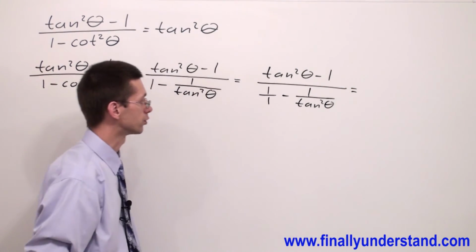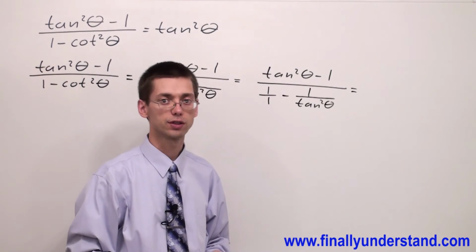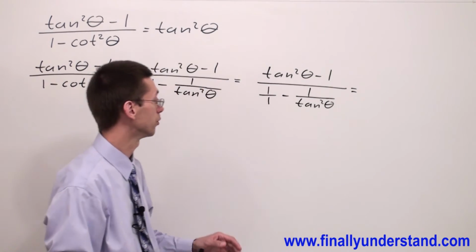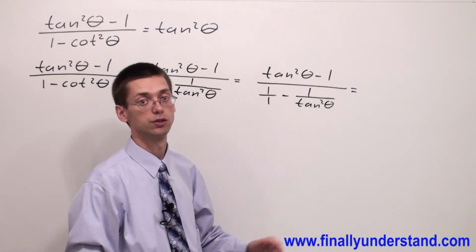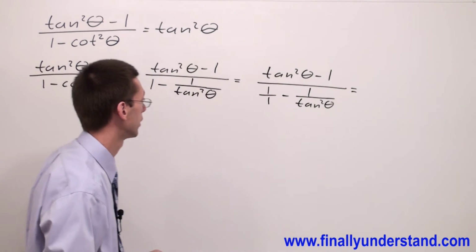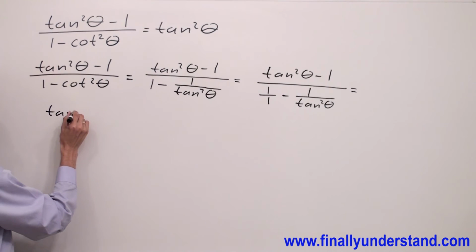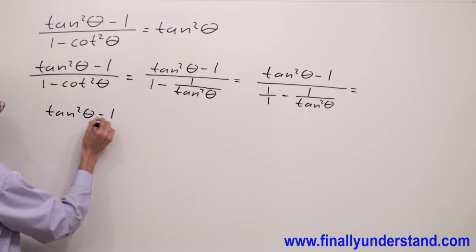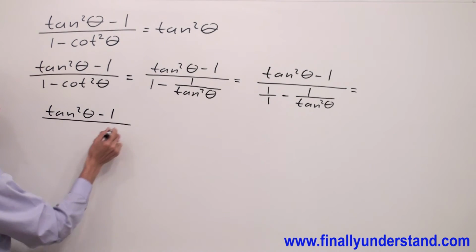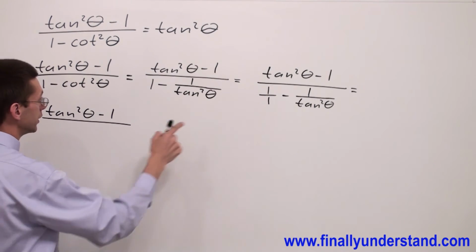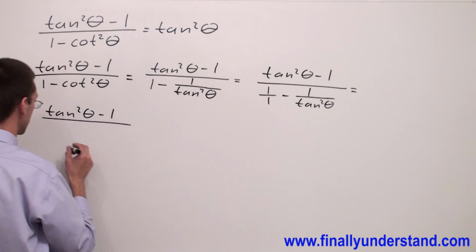In order to subtract these two fractions, I'm supposed to find a common denominator. Common denominator is tangent square theta. I have tangent square theta minus 1 in the numerator over, and the common denominator for these two fractions is tangent square theta.